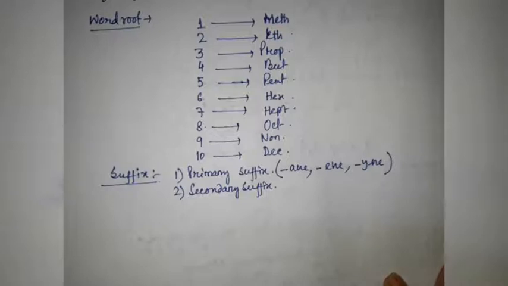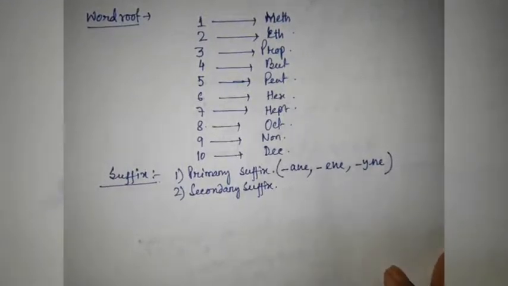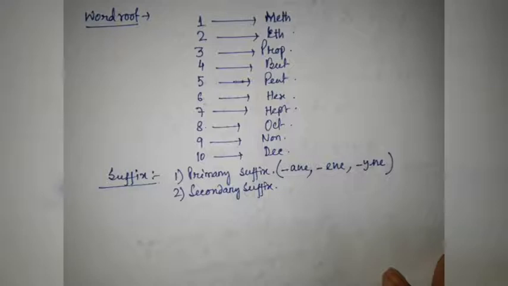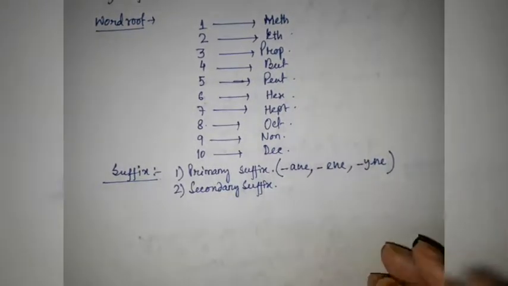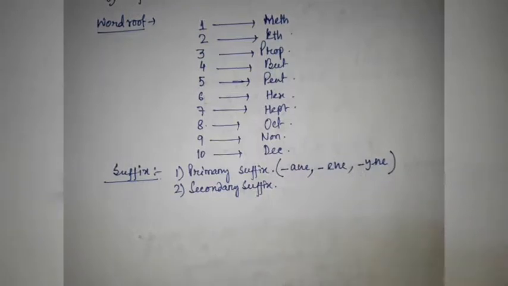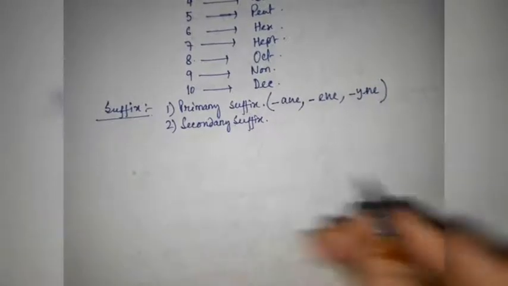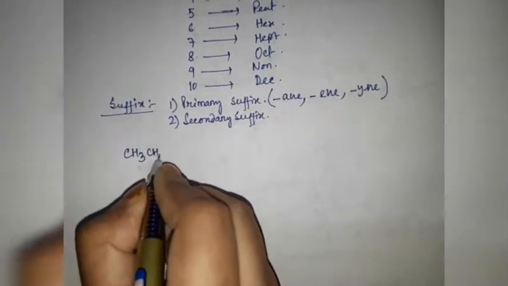And in a chain with these primary suffixes, if the parent chain contains 2, 3 or more double or triple bonds, then we can also add numerical prefixes like di for 2, tri for 3, tetra for 4.